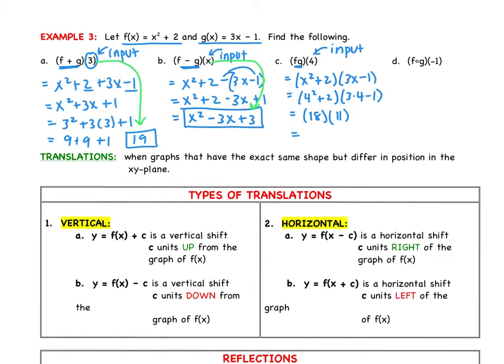And lastly, we got to multiply 18 and 11, and I don't know what that is. It's 198. Thanks, Charlie. Again, input is a number, output should be a number then. Now, if we had multiplied these two binomials in the beginning and then plugged in 4, we're going to get the same answer. In my opinion, though, it's just going to be a little bit of extra work.